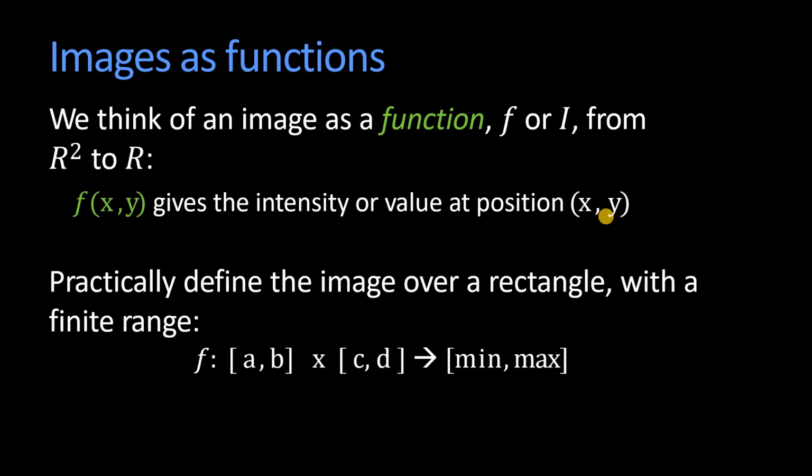So remember, we can also sometimes practically define the image over a rectangle with some finite range. Sometimes we don't want to describe the complete image. In nature, the images sometimes are very big. We want to focus on a small part. It is very common in computer vision that you want to treat only one small part of the image.